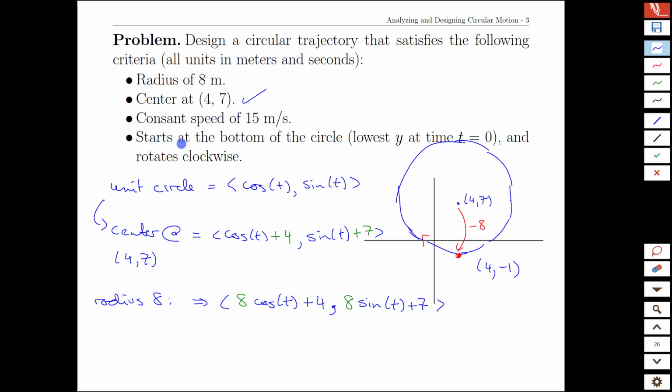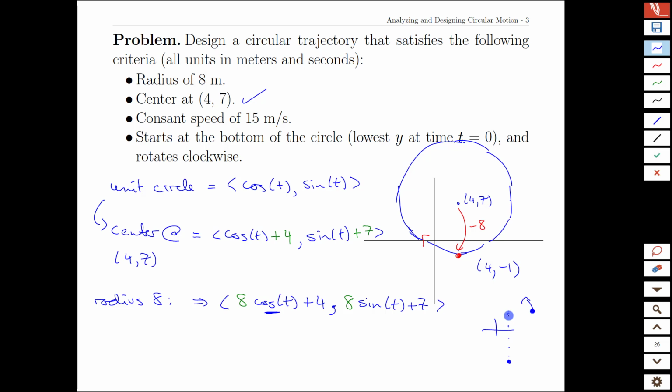Now next up would be the starting point. Now this typically would start, well, it doesn't typically start, it will start at the cosine value being the highest, so it'll be out here, and then going counterclockwise. So let's tweak this so that we get our starting point down at the bottom. Well, how do we achieve that?